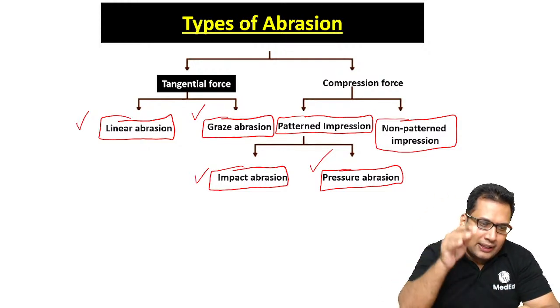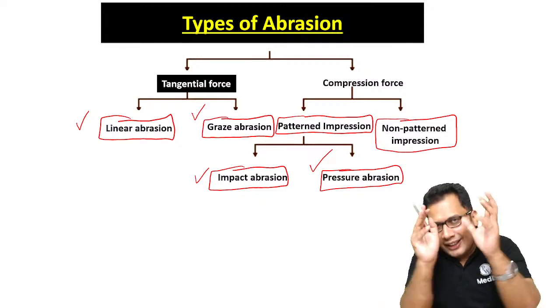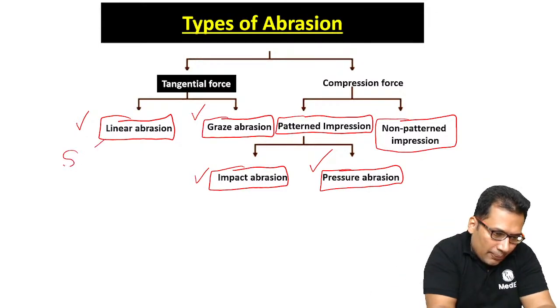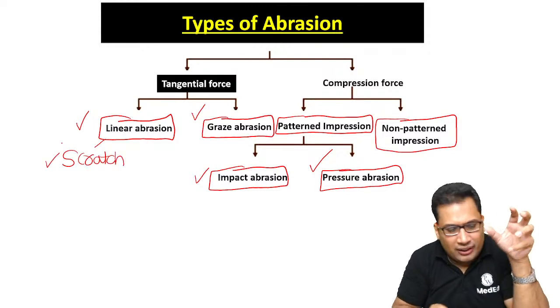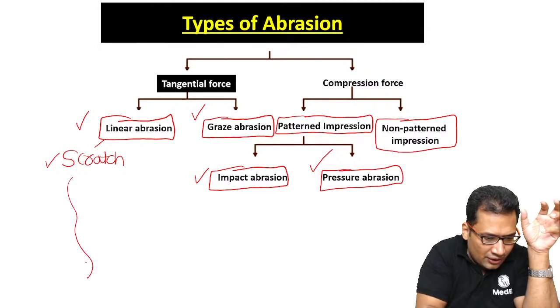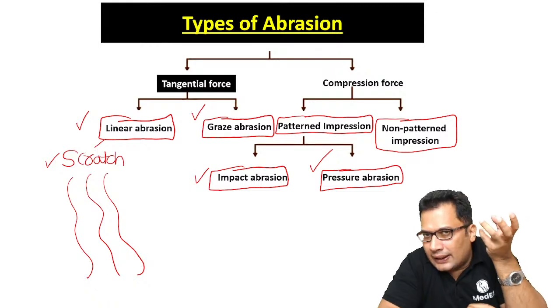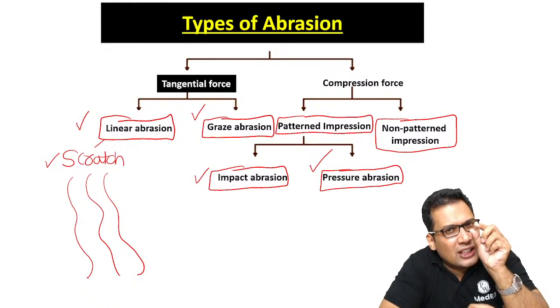You will see the imprint of the weapon in imprint abrasion. Linear abrasion is also known as scratch abrasion. In linear abrasion there will be multiple scratches like this. Significant length is there, but the width is very small.